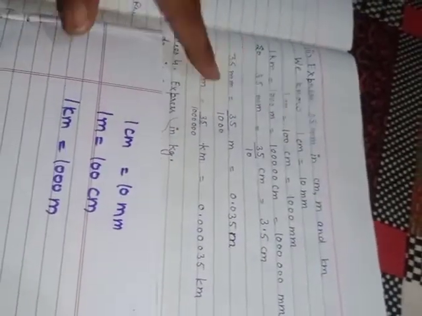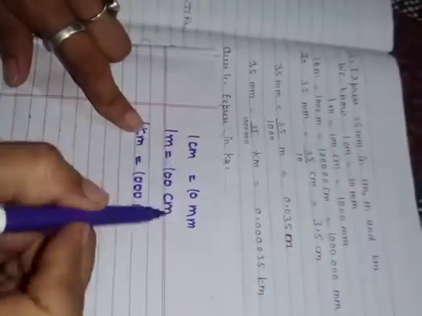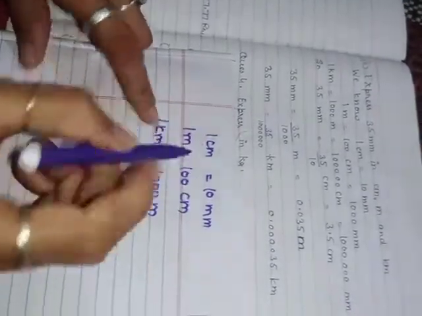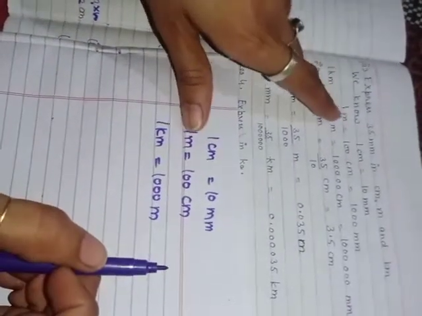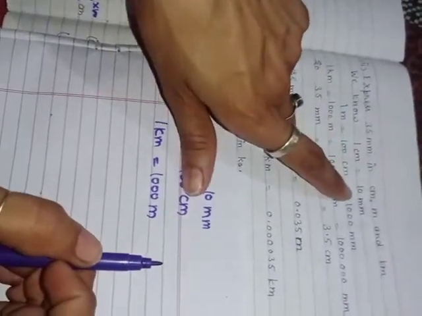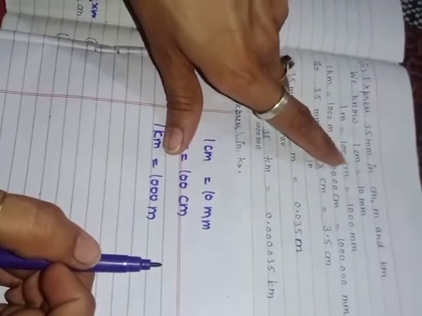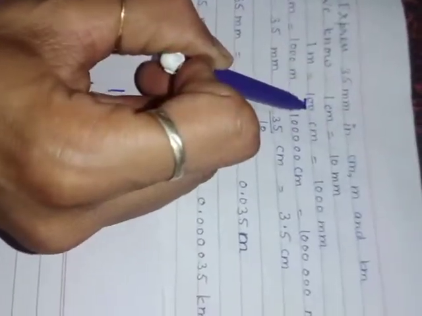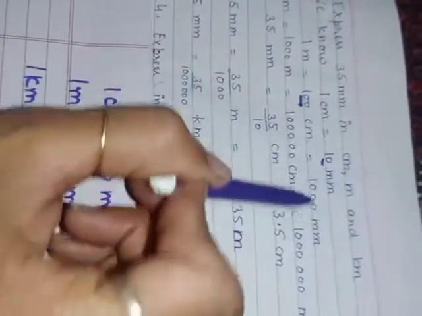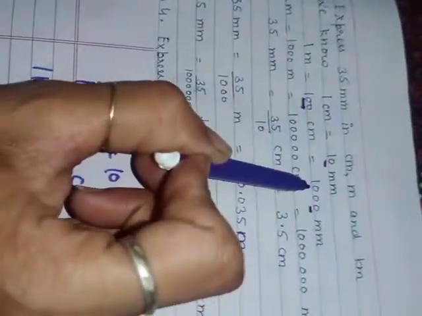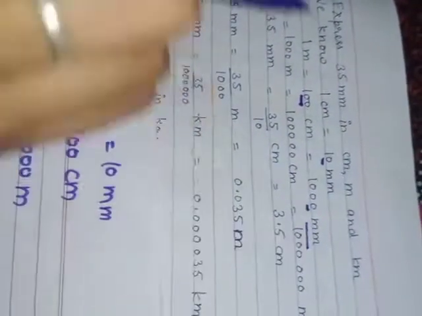Look here, 1 centimeter is equal to 10 millimeter and 1 meter is equal to 100 centimeter. And when you are changing it into a millimeter, 2 zeros are for the centimeter and 1 zero is for the millimeter, so it will become 1000 millimeter.